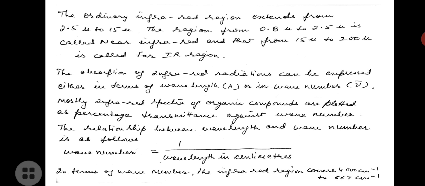Mostly infrared spectra of organic compounds are plotted as percentage transmittance against wave number. The relationship between wavelength and wave number is as follows. Wave number is equal to 1 upon wavelength in centimeters.